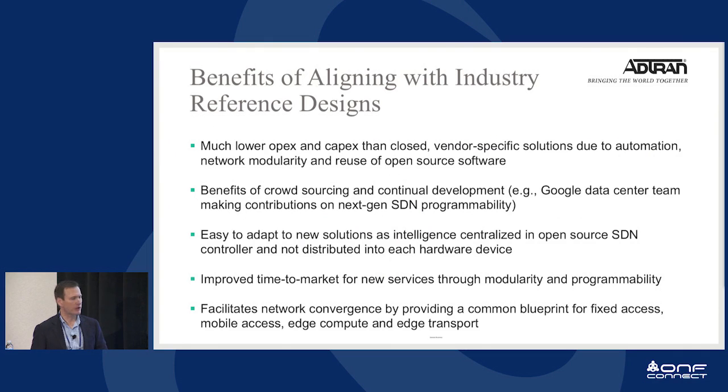As far as summarizing the benefits, I think I've talked through a lot of it as we went through these slides, but just to restate them a little bit: if you adopt these reference design architectures, and the guy from Google and others did a good job of talking about this, it's really not necessarily the CapEx on day one. That will come. This automation and convergence is really where you're going to get a lot of your benefit, like you're actually converging 3 or 4 networks into one common blueprint.